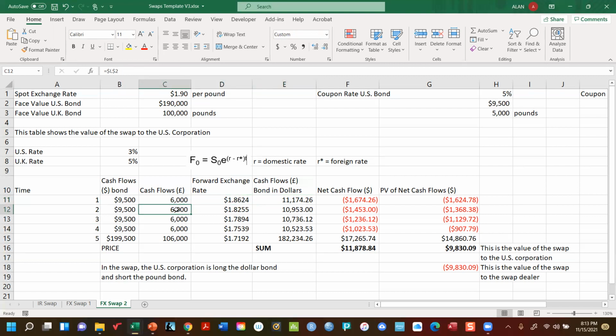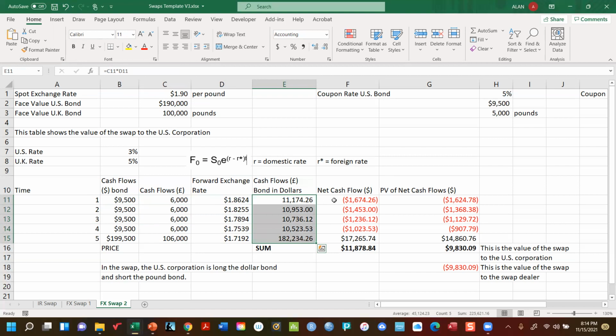Similarly, the year 2 coupon of 6,000 pounds could be exchanged in this contract for $10,953. So you see what we're doing here is taking the pound cash flows and converting them into dollars using forward exchange rates.